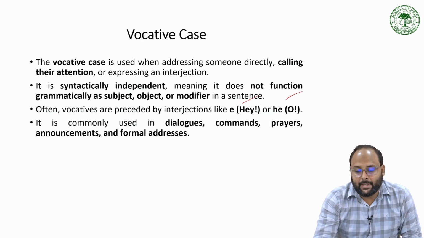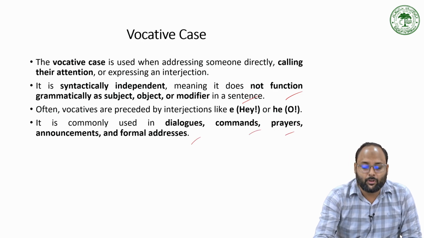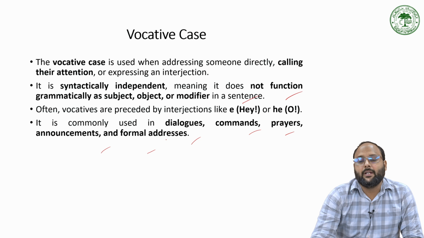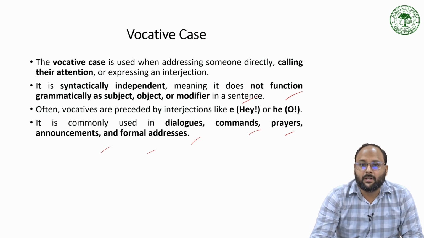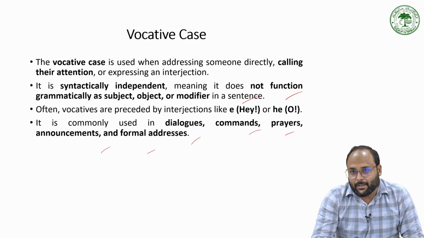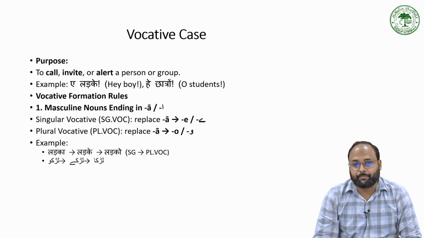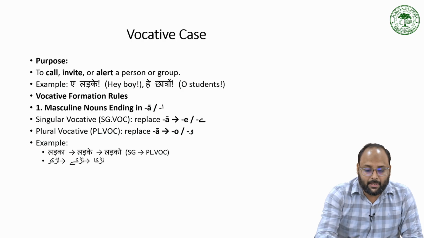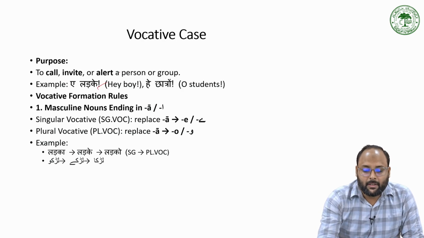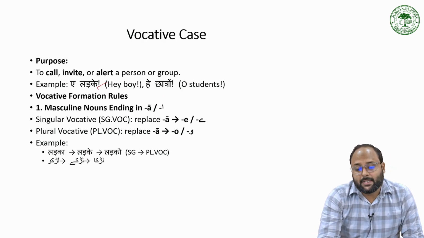It is commonly used in dialogue, command, prayers, announcements, and formal address, like a ladke, o ladke, a ladkiyon, o ladkiyon. So this kind of ladke, ladkiyon is the vocative case. Like a ladke and a chatro. So that is the thing in the vocative case.